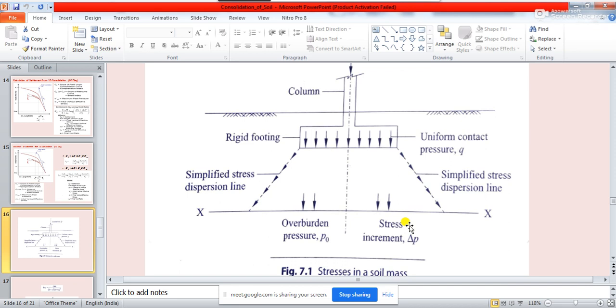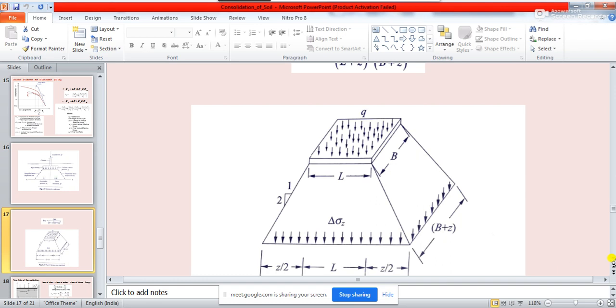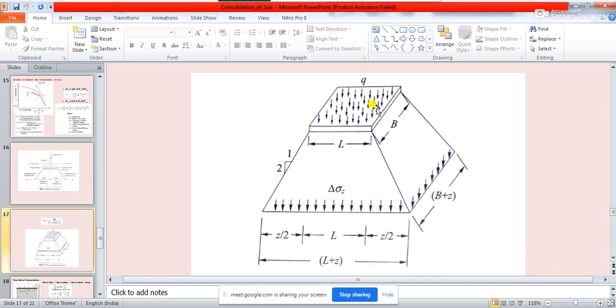For doing that, the dispersion line for the stress distribution will be a sloping line. If you take it in a three-dimensional view, as we saw in the previous class, it will be something like this. When the load comes over here, there will be a trapezoidal distribution of load, and the slope of the line through which this distribution happens from the base of the footing will always be taken as one horizontal to two vertical.